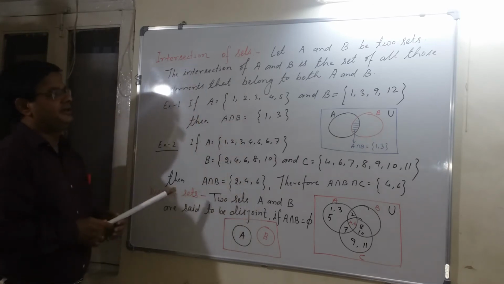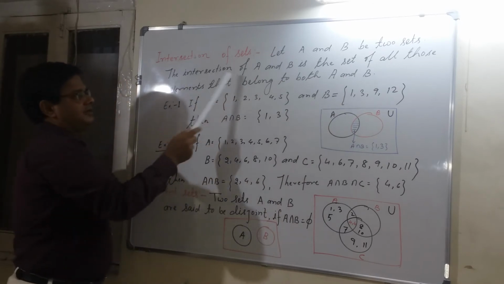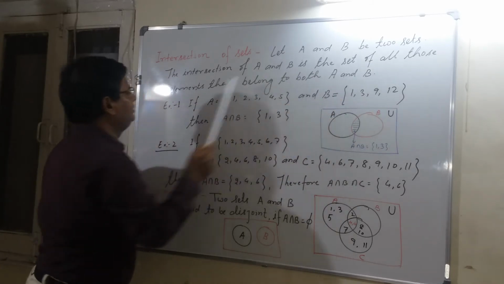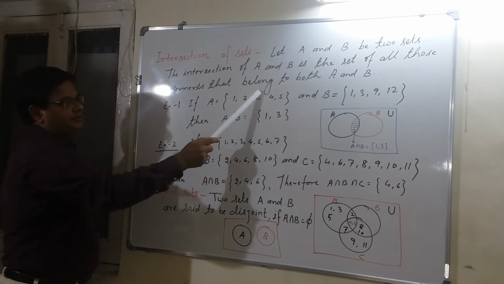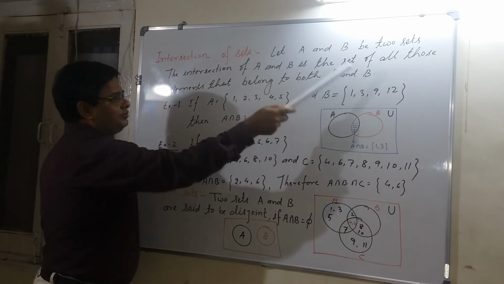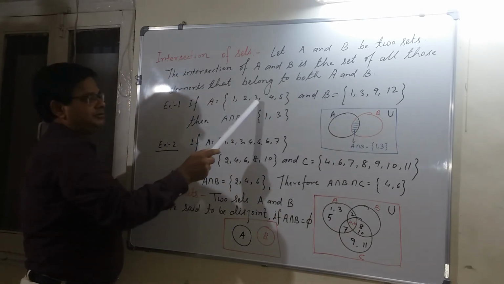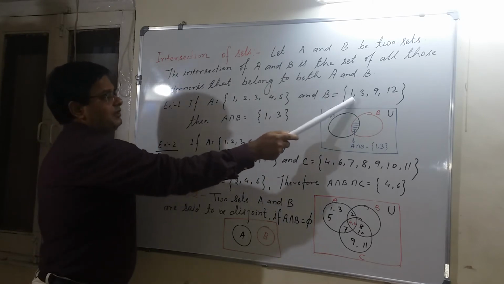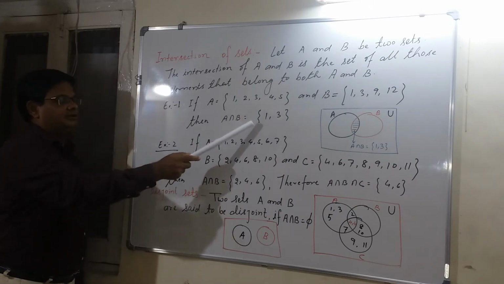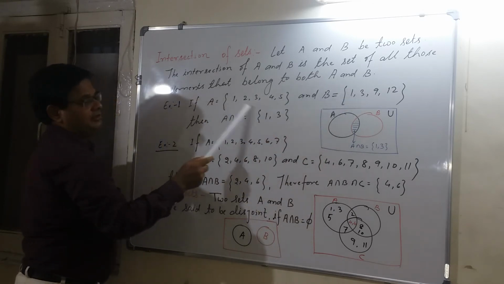Intersection of sets. Let A and B be two sets. The intersection of A and B is the set of all those elements that belong to both A and B. For example, if A equals {1, 2, 3, 4, 5} and B is {1, 3, 9, 12}, then A intersection B is {1, 3}, because 1 and 3 are common.